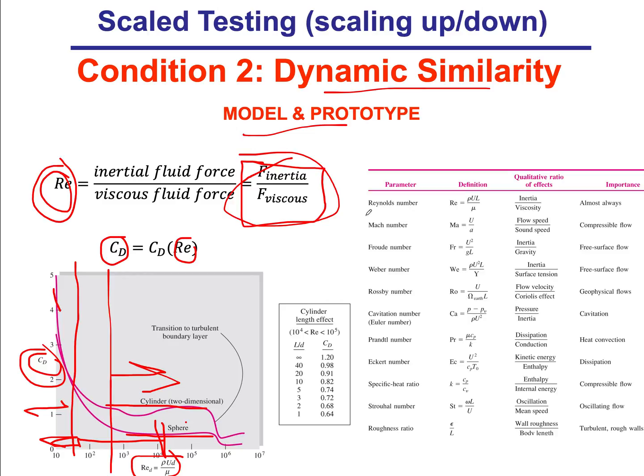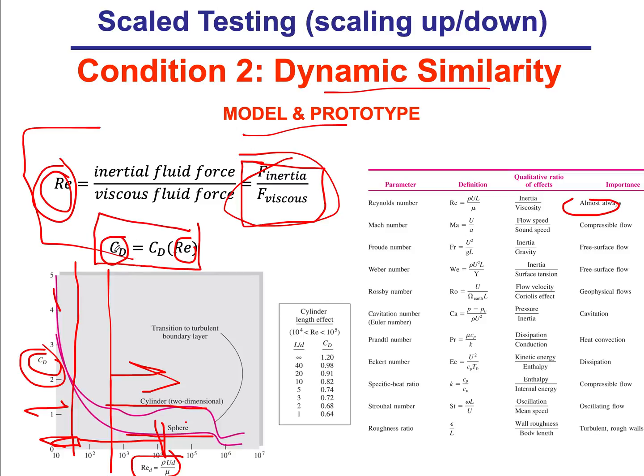And with this in mind, to have dynamic similarity for us to be able to scale up and scale down, we gave the Reynolds number as an example, but if you look at the literature, there are so many types of problems. Reynolds number, we're almost always going to see it. We're almost always, not every time, going to see a relationship like this.